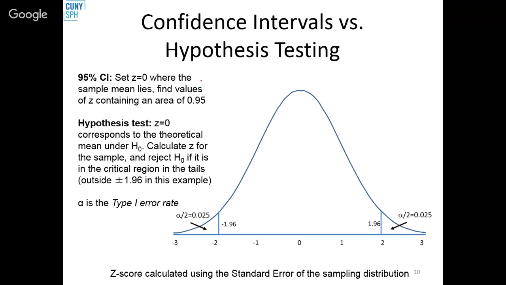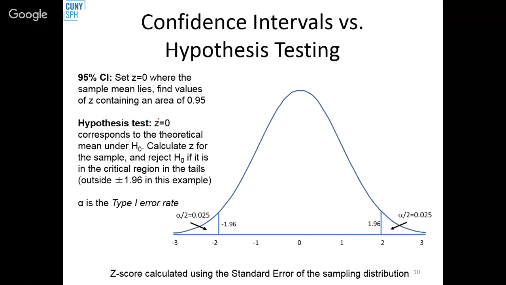Whereas if you were thinking of this in terms of a hypothesis test, then that value of z equals 0 would be your theoretical mean under the null hypothesis. So under your null hypothesis, z, which was, remember, the sample mean minus the theoretical population mean mu0, over s over square root of n, under the null hypothesis, is equal to 0.